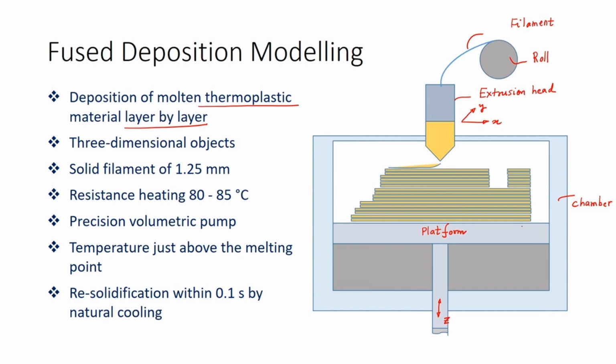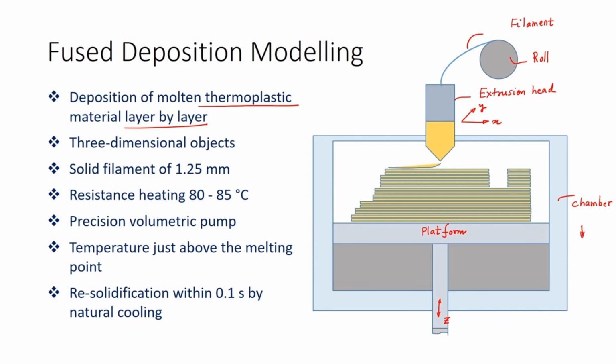After generation of one layer, the platform will be lowered, it will be moved in the downward direction. Then the next layer will be deposited on the previously deposited layer, and in this way we can generate the 3D models using the fused deposition modeling.